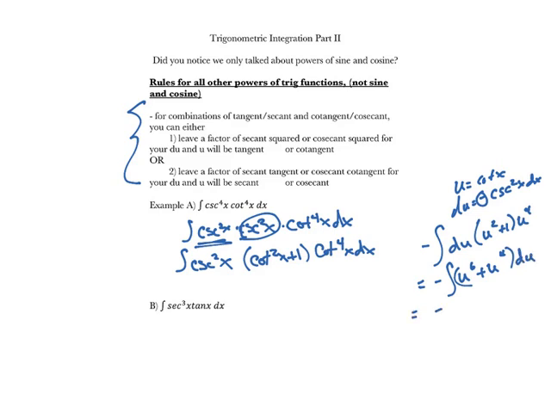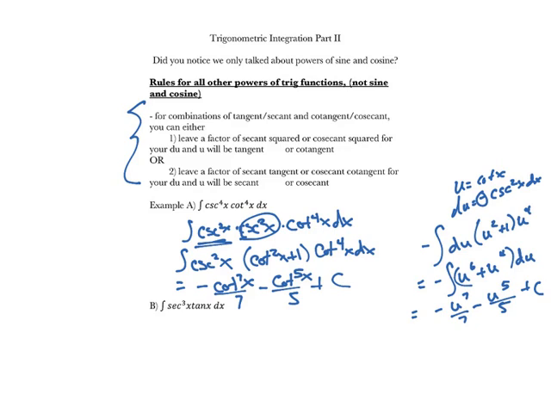So that's negative u to the seventh over 7 minus u to the fifth over 5 plus c. And u is cotangent, so this is negative cotangent to the seventh x over 7 minus cotangent to the fifth x over 5, plus c. Don't forget the constant. So it becomes relatively easy when they're both even.